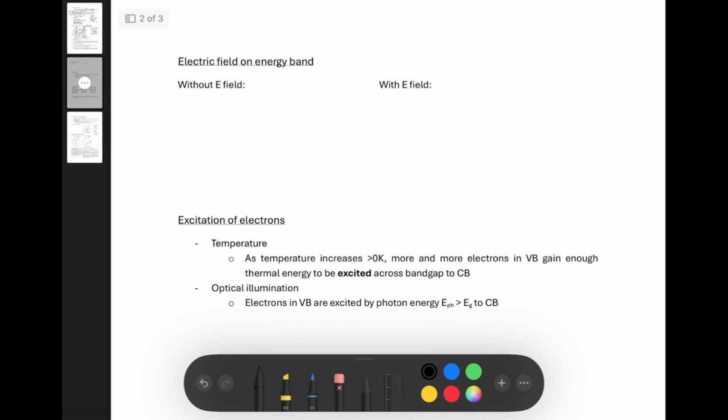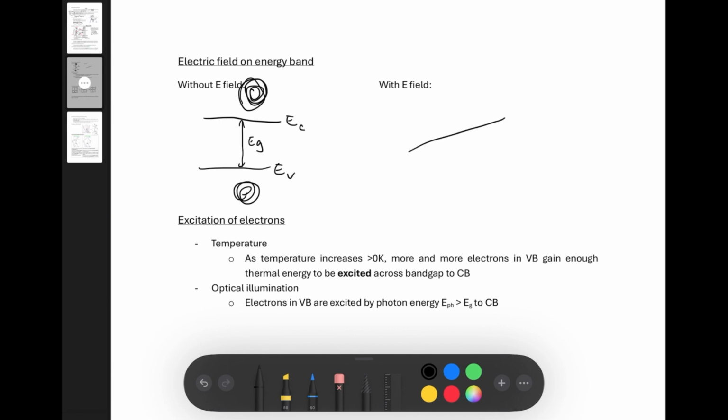As we have said earlier, we can draw this band diagram like this, where EC is the bottom of the conduction band and EV is the top of the valence band, and they are separated by a band gap. So here is the conduction band and here's the valence band. But with an electric field, it changes things a bit.